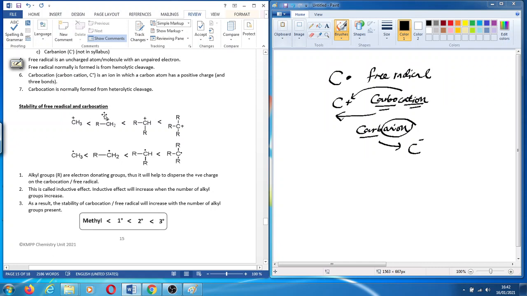It will donate the electron here. When you have many alkyl groups donating electron to the carbocation, it will make the carbocation more stable. Thereby, the tertiary carbocation will be more stable compared to secondary, primary and methyl. It will be the same for free radicals.